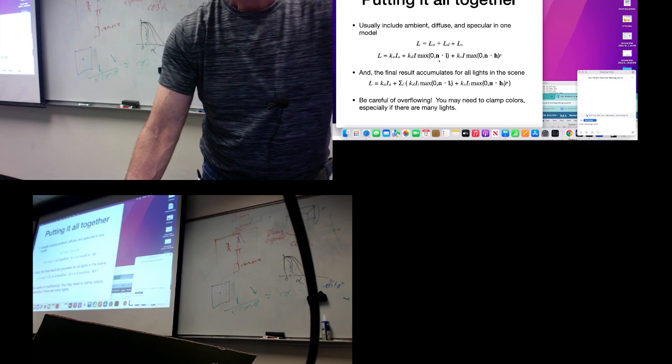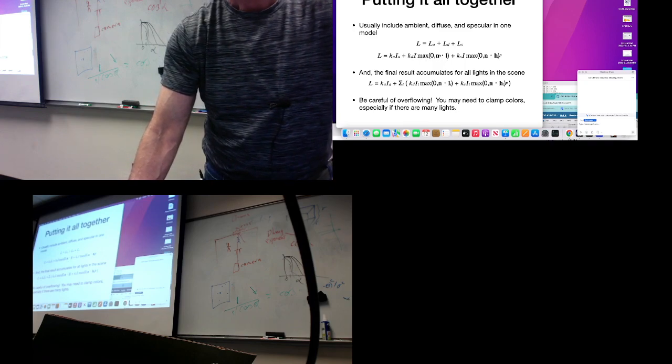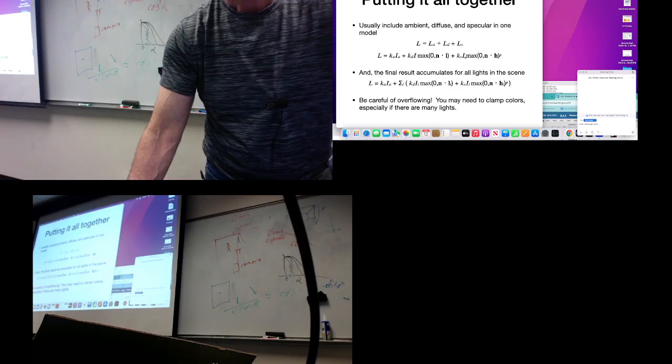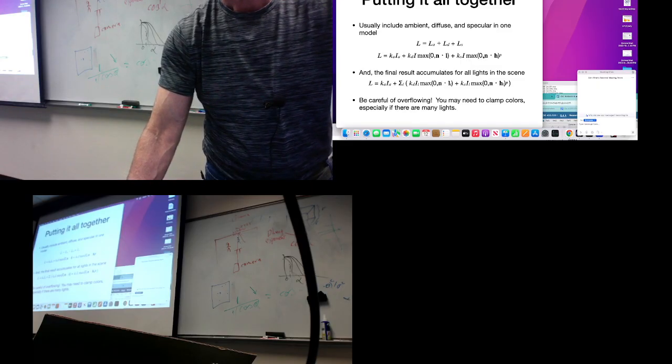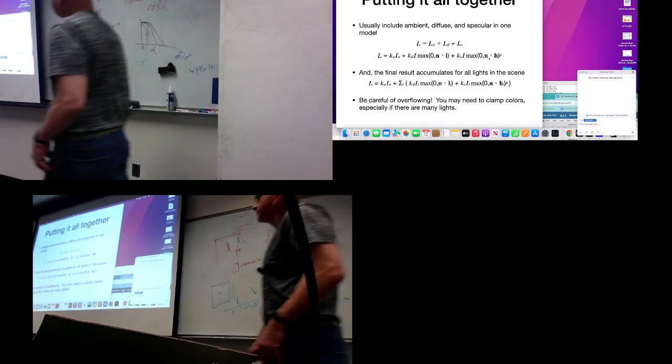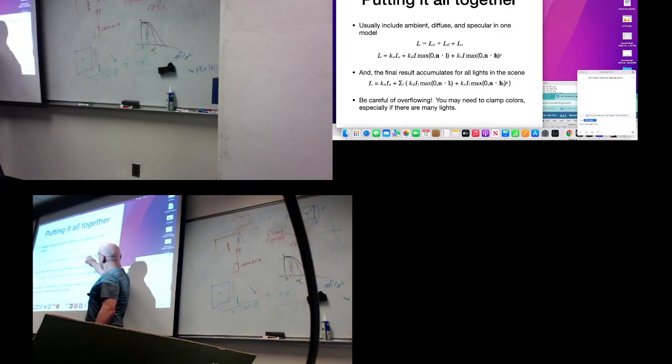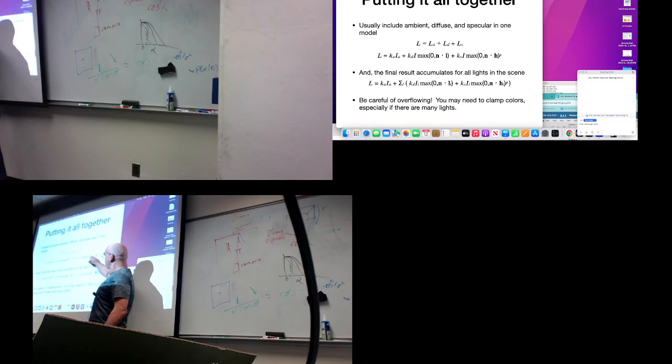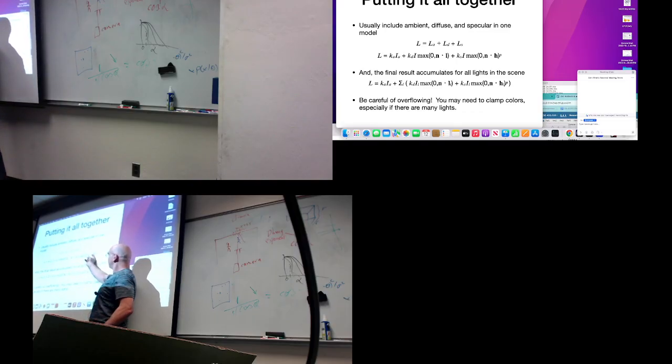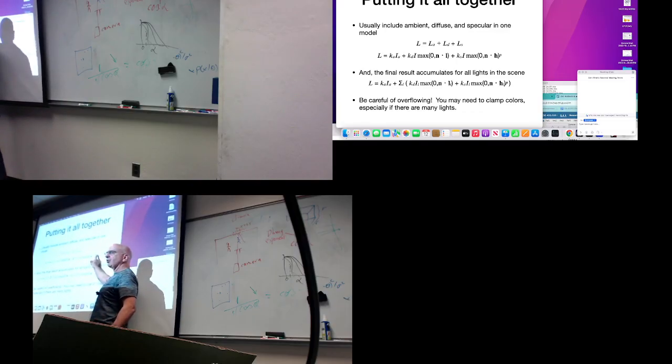The viewer is not in the game yet. And again, make sure that it's positive, otherwise it just says nothing, it's 0. Plus the coefficient for the specular times the intensity times, once again, you want it to be positive, and now it's n times h, which we mentioned before, the direction of the perfect direction to the light, to the power of p.